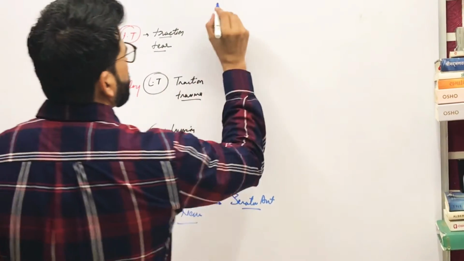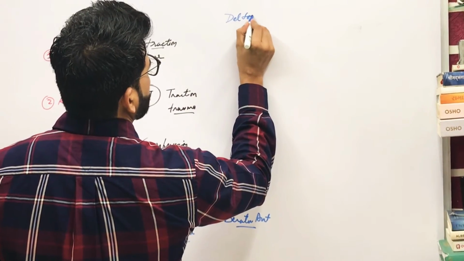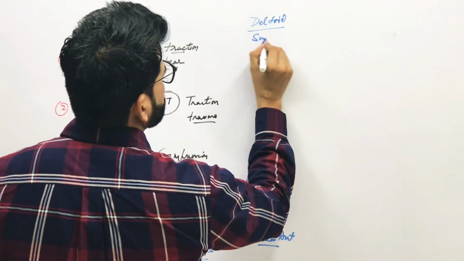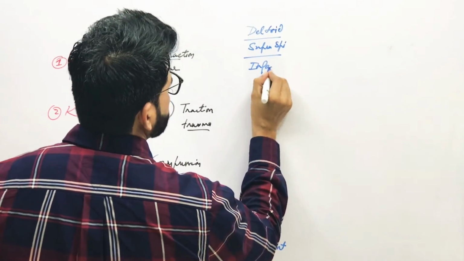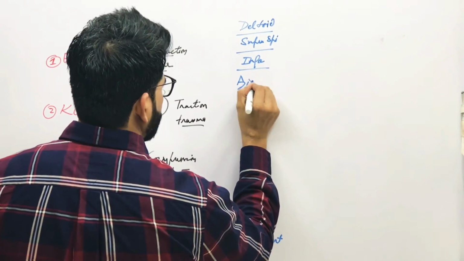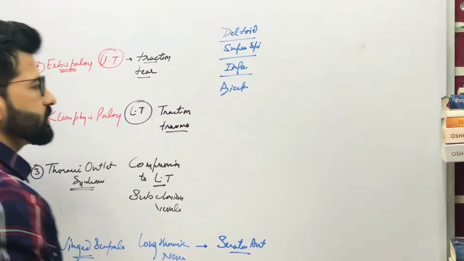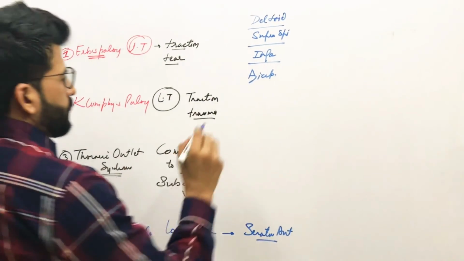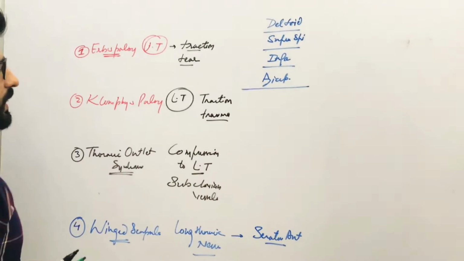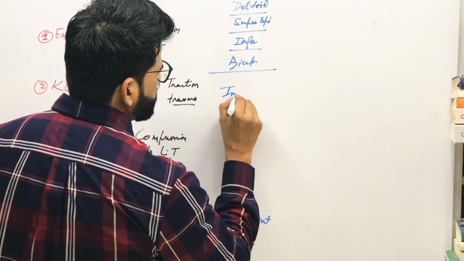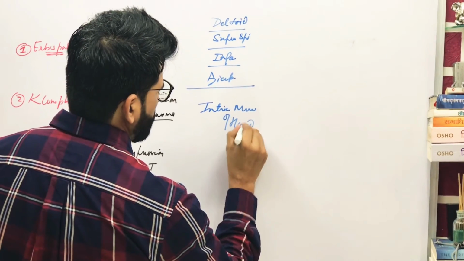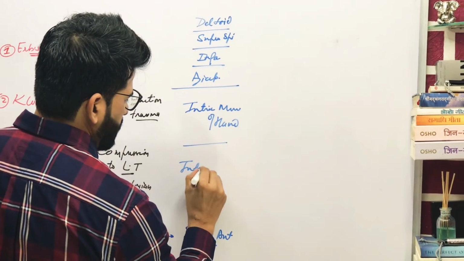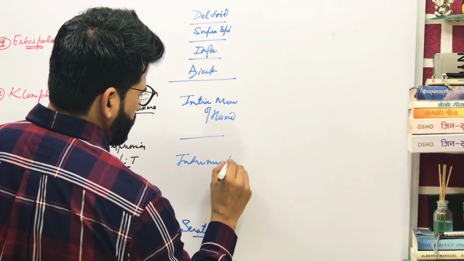So muscles supplied are deltoid, supraspinatus, infraspinatus and biceps, which is supplied by the musculocutaneous nerve. Now the lower trunk supplies the intrinsic muscles of the hand. Same here, intrinsic muscles of the hand.